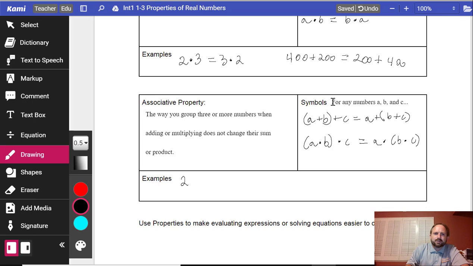This would be 2 plus 4 plus 1. That's equal to 2 plus 4, and then add 1. Or 3 times 4 times 2 is equal to 3 times 4 times 2.